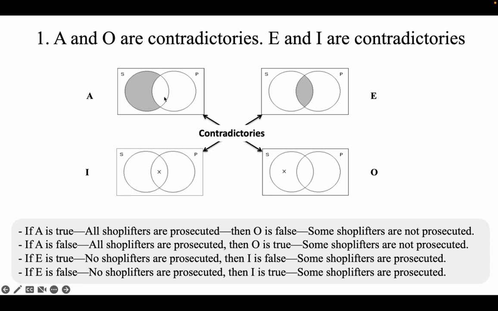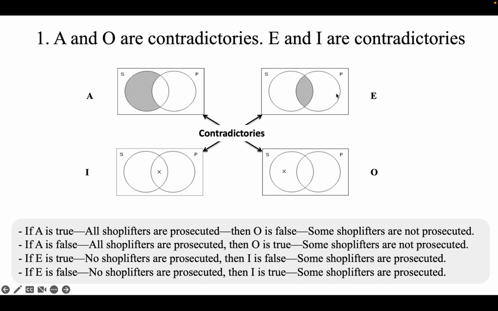That's the only way to make that statement true, by removing the X. So if this is true, then the contrary O, which does have an X, does make an existential assumption, some shoplifters are not prosecuted, would be false because there aren't any.